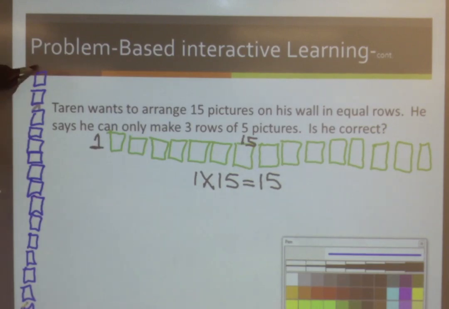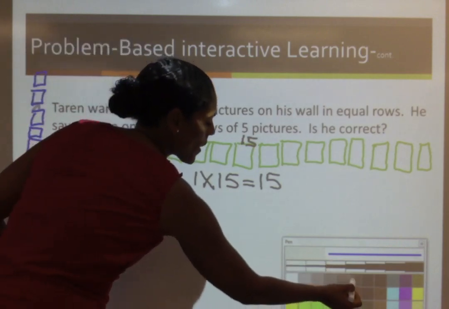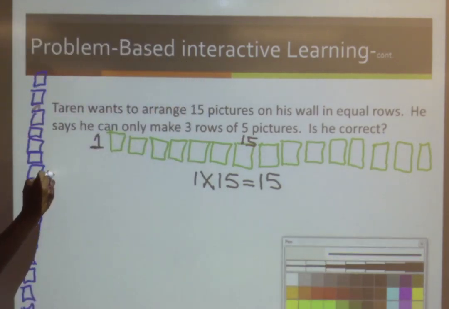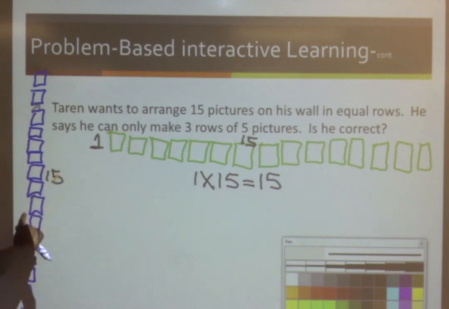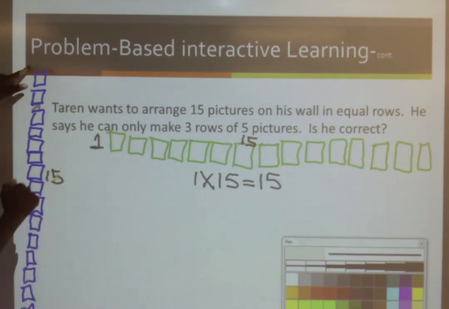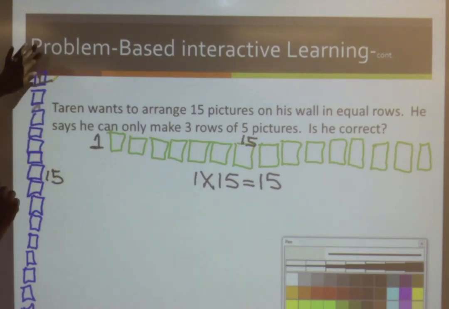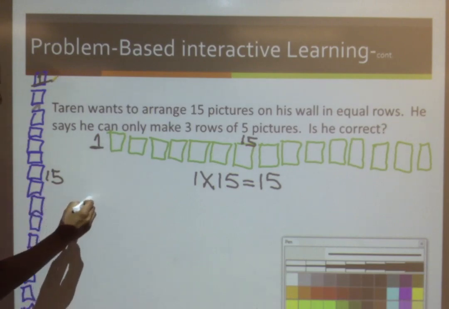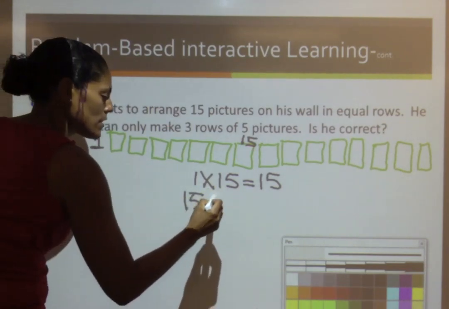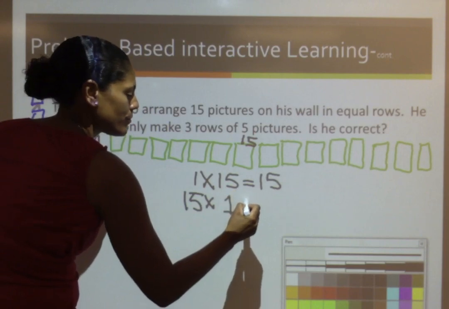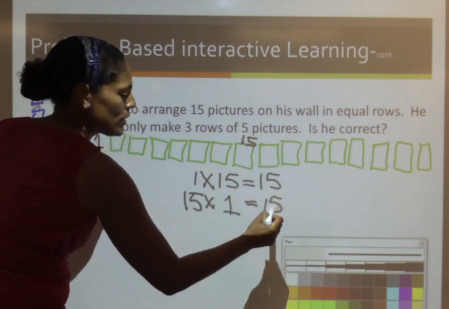Okay, so we have 15 rows. Doing this horizontally, but we have one column. One column going down. So that's 15 times 1 equals 15.